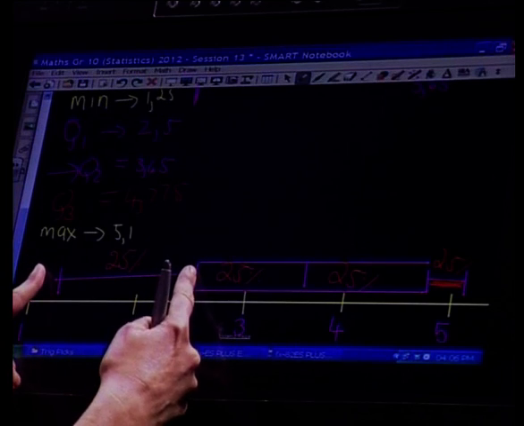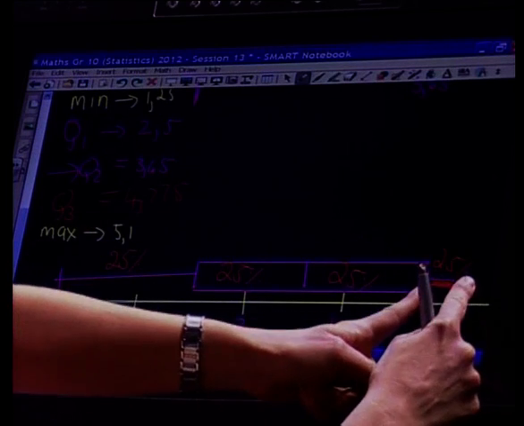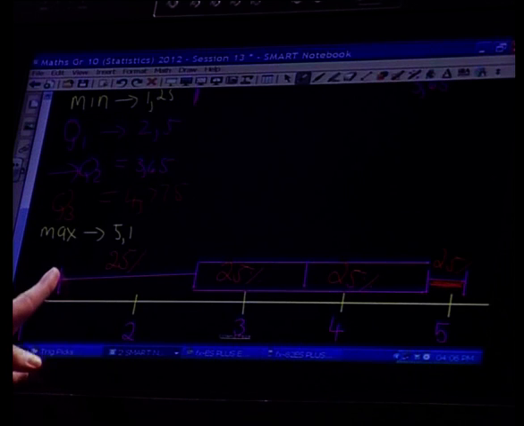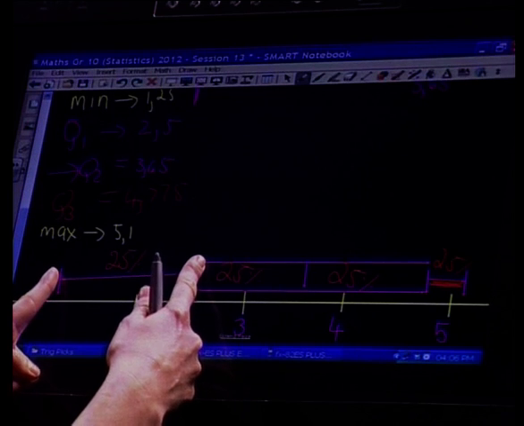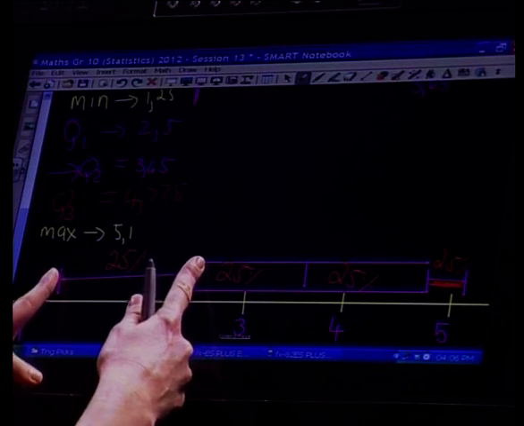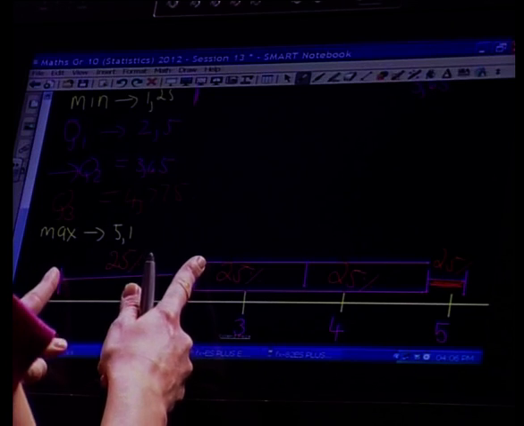The data is equally divided into 25% pieces. The reason why this line over here is longer, that line is longer, and that line is shorter, is because between the minimum value and that value, there's a bigger range. But in that range, there are an equal number of data pieces. Very, very important to remember.